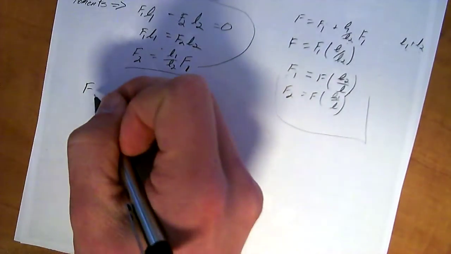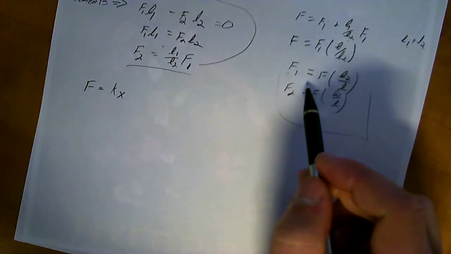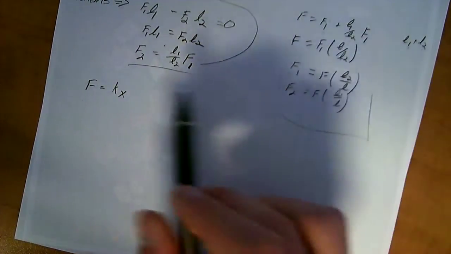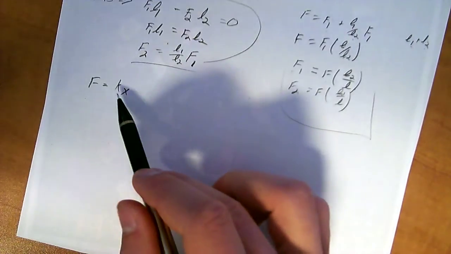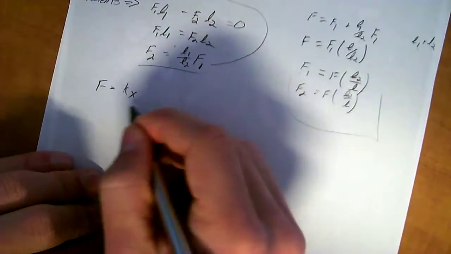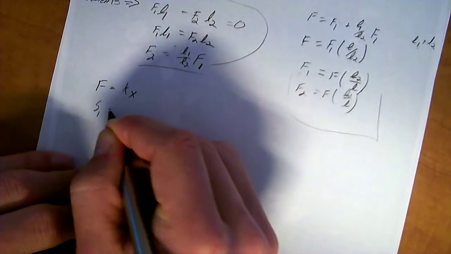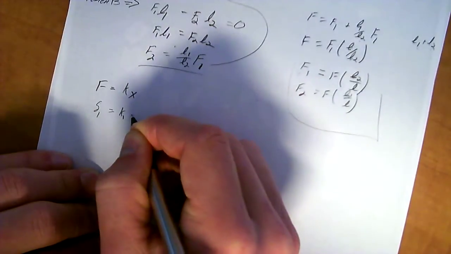Now that we have those, we can go ahead and get delta, since a spring follows the equation F equals kx. We have the force being applied, and we're looking for x, and we have the k for each one of these.